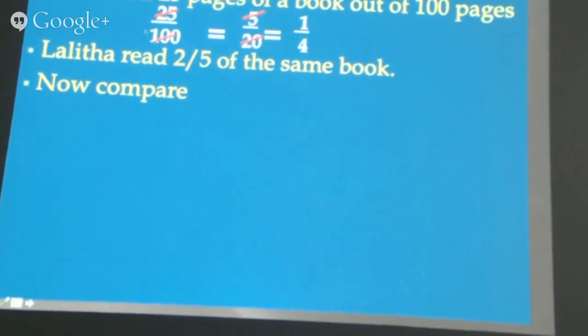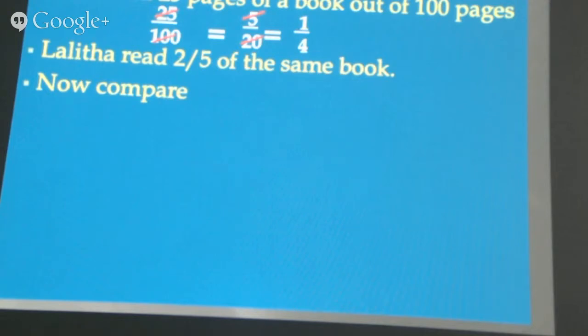Who read more, Ela or Lalita? Lalita. How? Because she read 4/10 of it. Yes, Mr. Murthy, if you convert these to decimals, it would be like 0.25. Wonderful. Hey, I got 3 different answers.